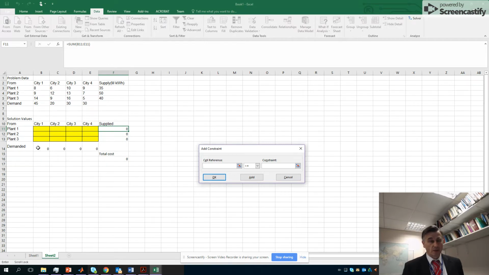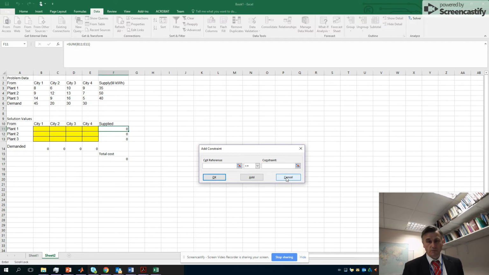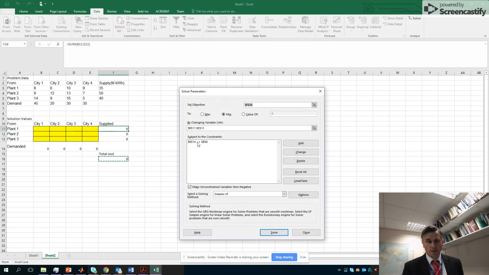So I could do that by saying this cell reference has to be greater than or equal to this value. And I could add that in. Okay. Sorry, a bit of a problem there. If I cancel out of that, yeah, I've now got that constraint added in.